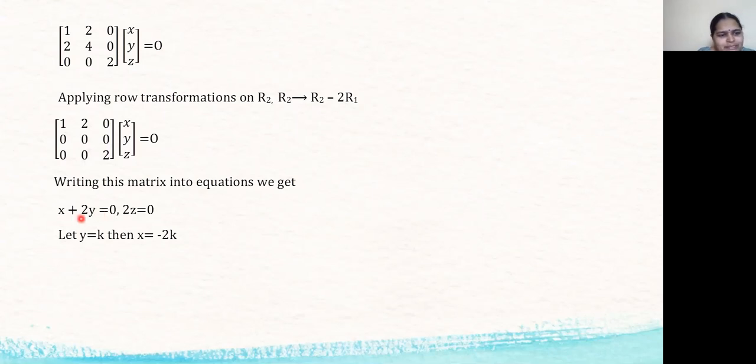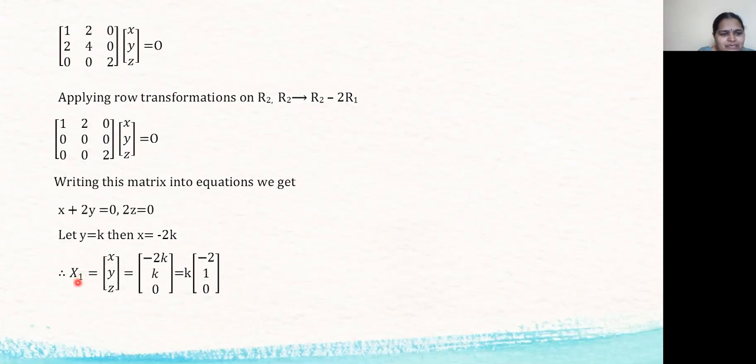Now we have to write x and y values. So we have only one equation, but we have to find the two unknowns. That is why we have to take y as some k. Then we will get x as minus 2k. And then we write the eigenvector.